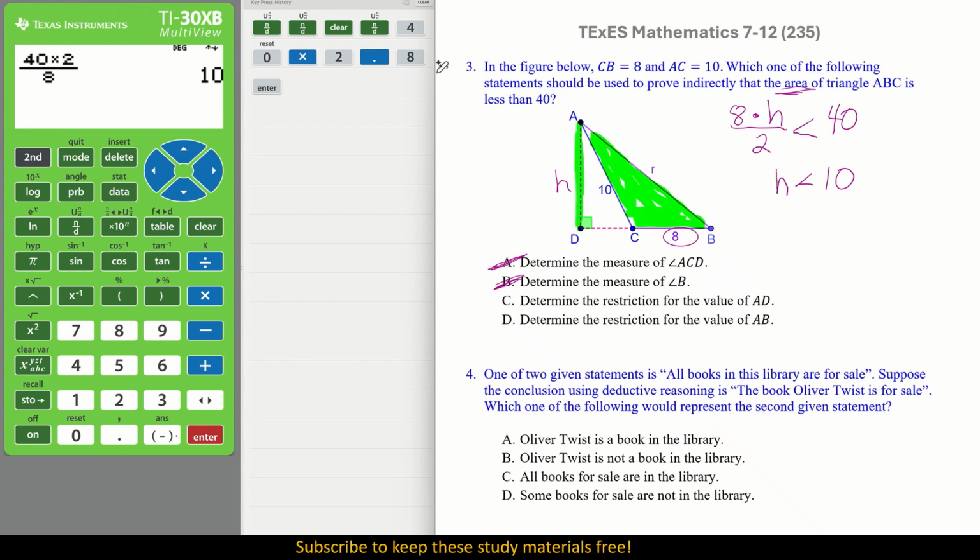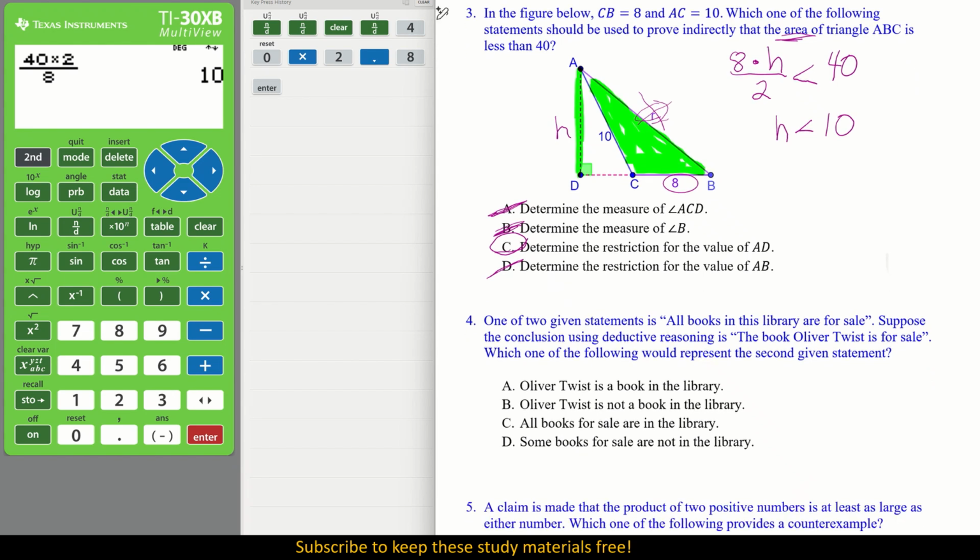Yeah, you have to use that because it has to do with finding the area of any triangle, and in particular this triangle. And let's look at D, restriction of AB. No, that's not something we're going to use for area. So that gets rid of D, and that proves option C is the only reasonable selection.